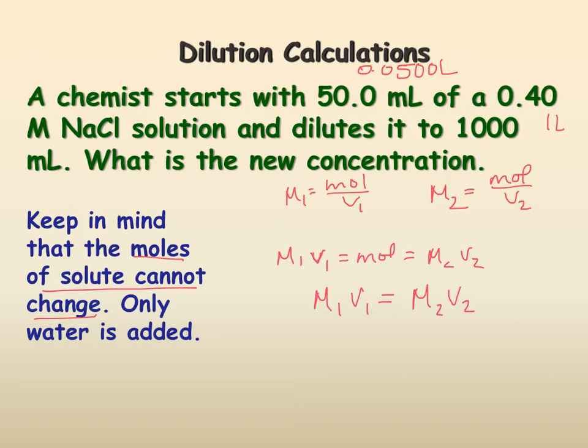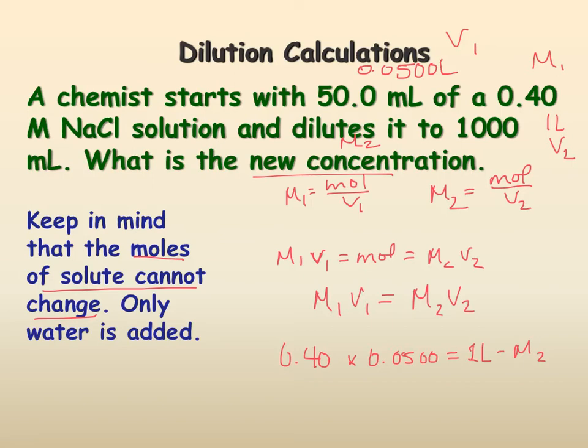So then to plug this in, this is V1, M1, and we know V2, we want to find the new concentration, M2. So that's going to be 0.40 times 0.0500 equals 1 liter times M2, your new molarity.